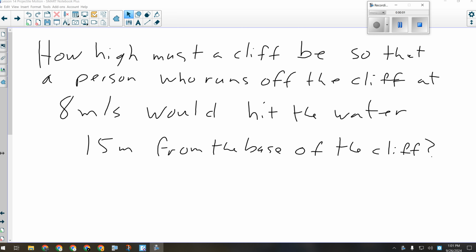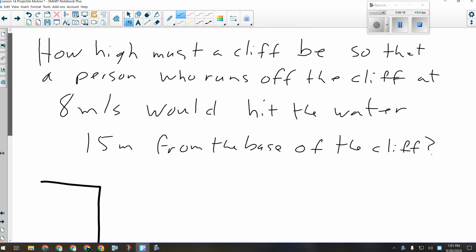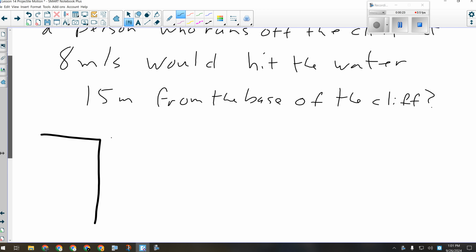All right, so yesterday we were talking about horizontally projected projectiles and projectile motion in general. For any object that is projected horizontally, like a car that drives off a cliff or a person that runs off a diving platform, we have to remember a few things about that motion.